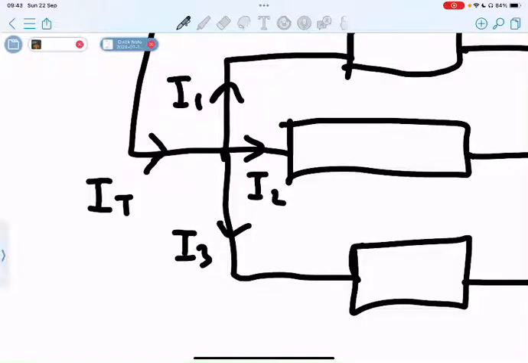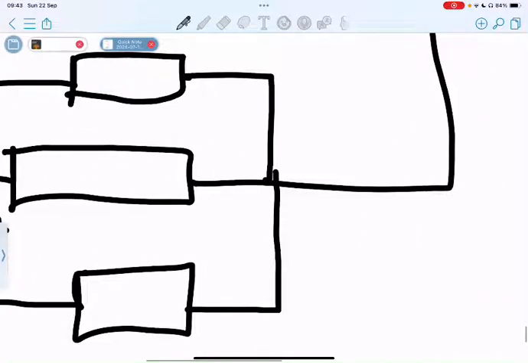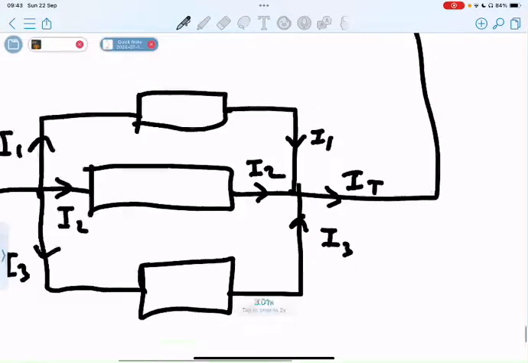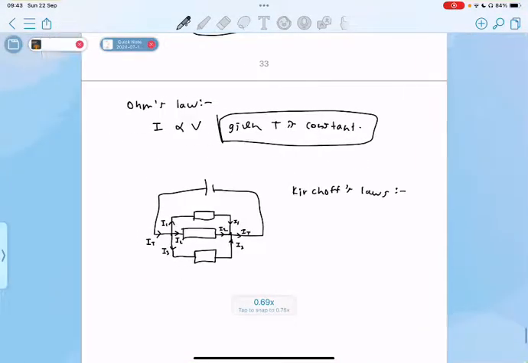So the total current flowing into a junction is equal to the total current flowing out of that junction. This is IT, and this is I1, I2, I3. So charge or current is not lost in this situation. That's what we have to know there.